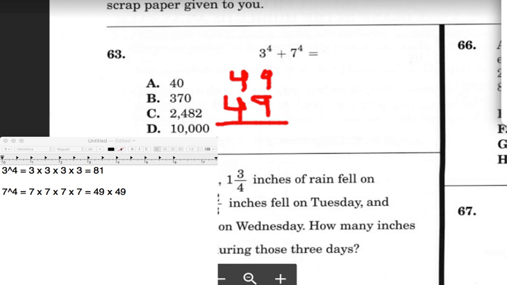Nine times 9 is 81. I'm going to get 8 up here. 36 plus 8 is what? 44. And 6 here. 36 with 3. 16, we get 9 here.